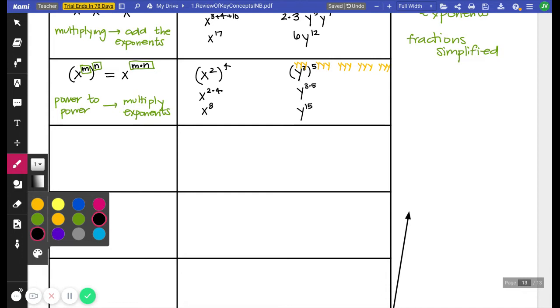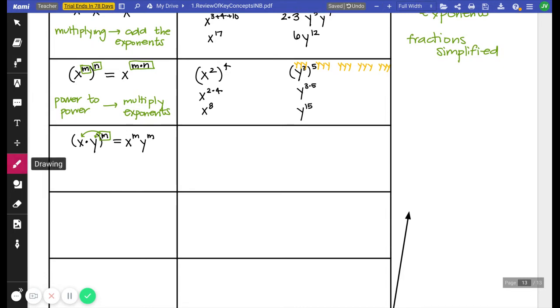Continuing on, kind of blending these two ideas, let's say I have something in parentheses being raised to a power. Well, then that power essentially gets distributed in. x gets raised to the mth and y gets raised to the mth.